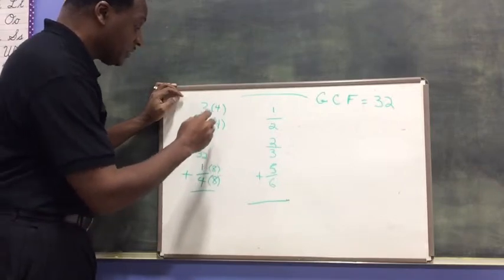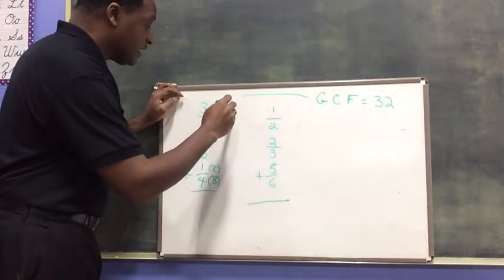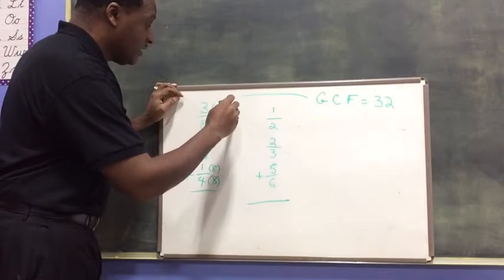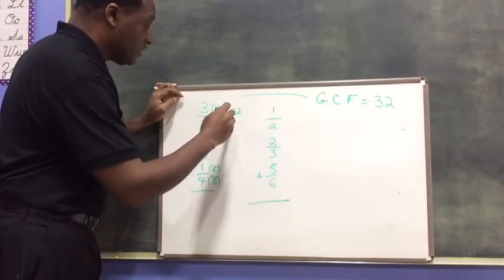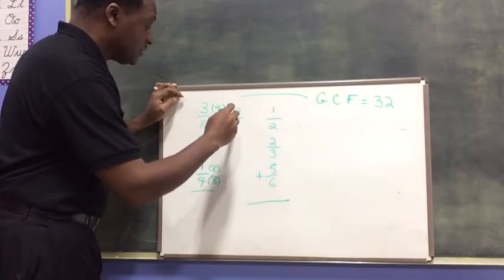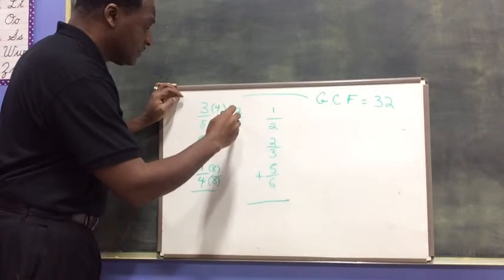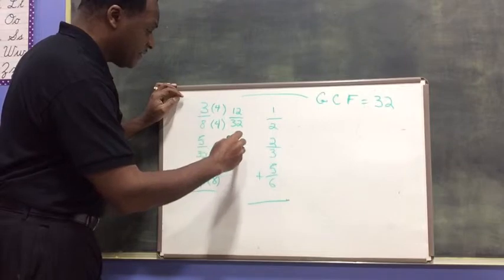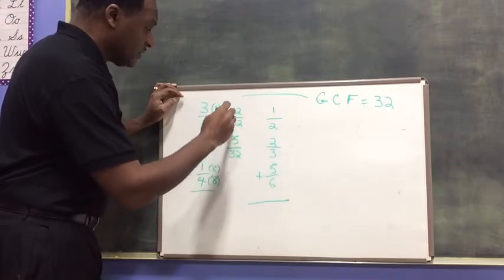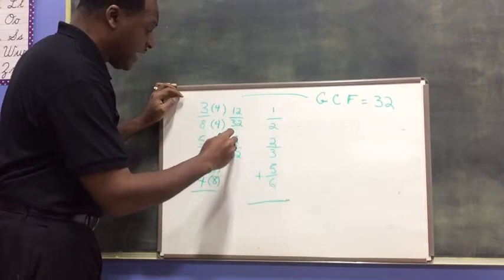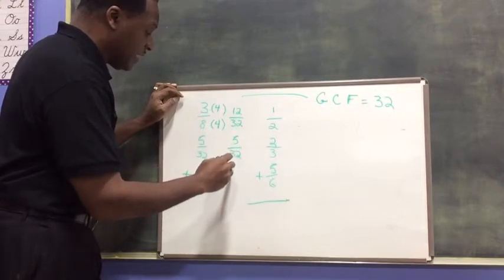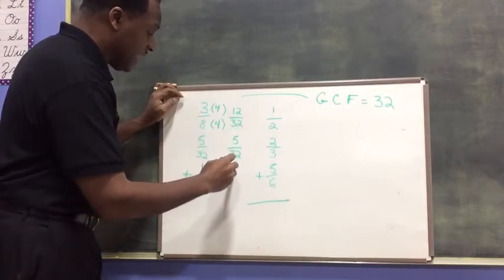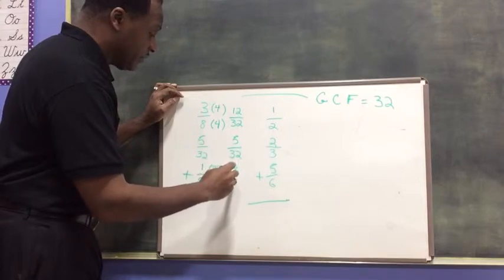Now let's see what we get. We're going to rewrite this as it would appear if you were going to do the adding of it. Plus 5 over 32. We don't need to do anything to the 5 over 32. So we've got 12 over 32 plus 5 over 32 plus 8 over what? 32.